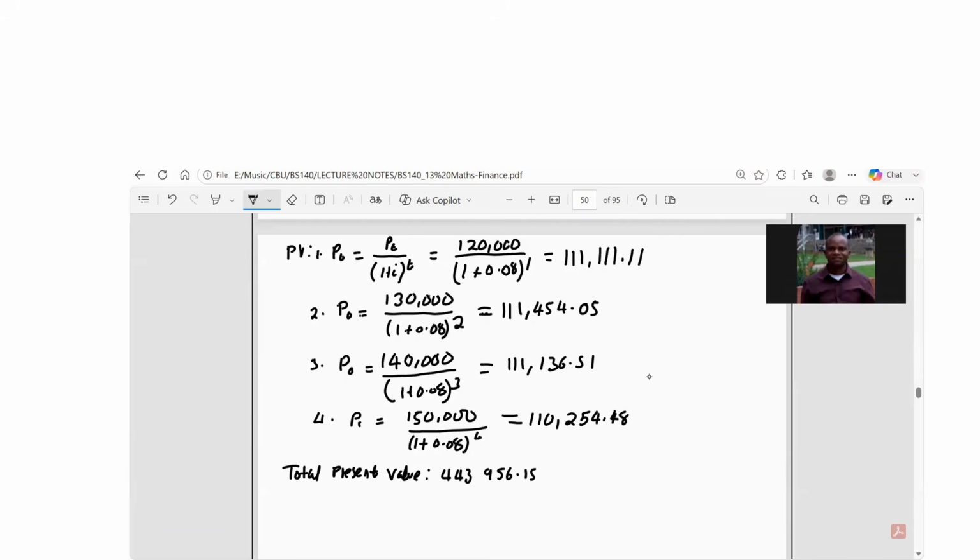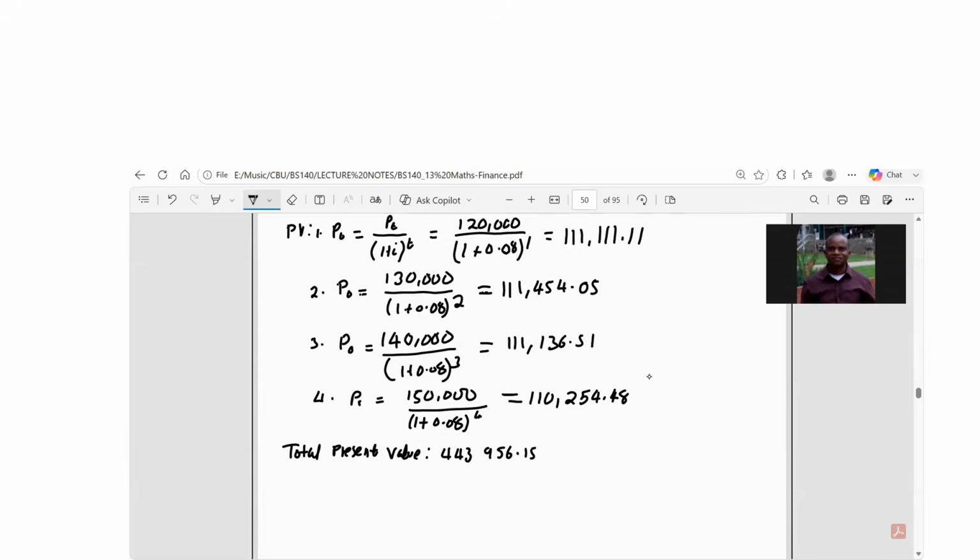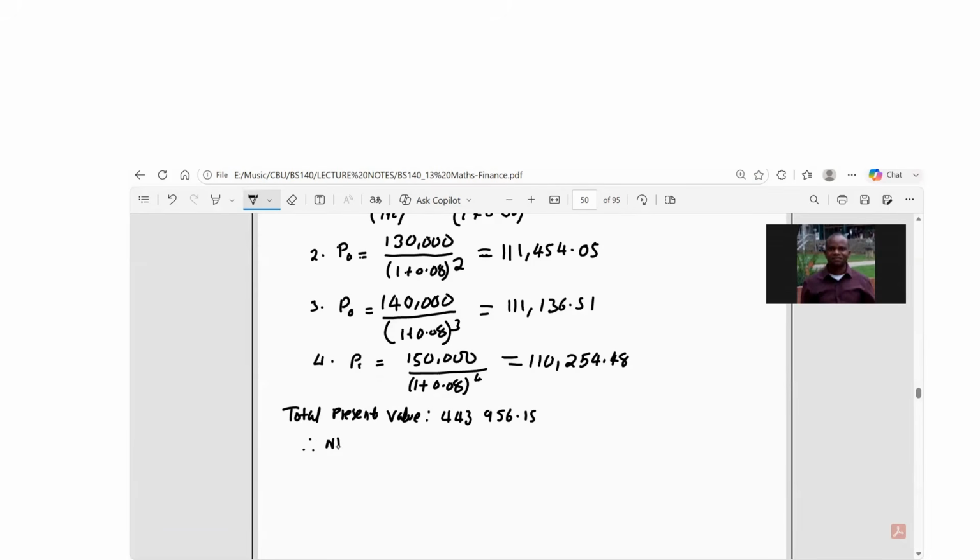Now, what is the net present value? The net present value, NPV, is simply going to be equal to the total cash inflow, which is 443,956.15, minus the total investment, which is 400,000.